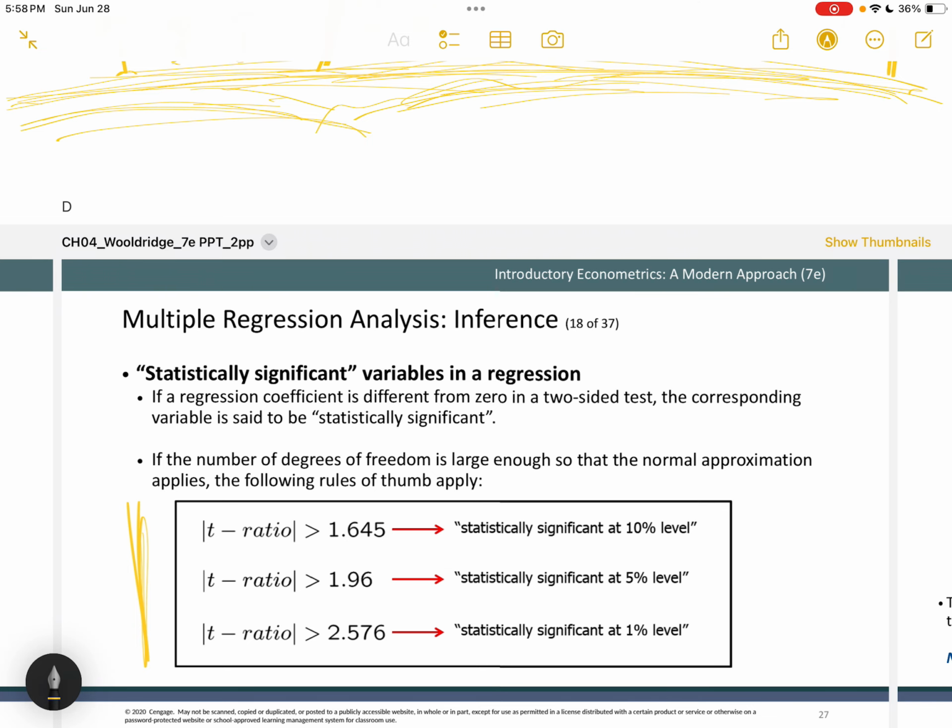So we compare the calculated test statistic to 1.645 for a significance level at 10%, 1.96 for a significance level at 5%, and 2.576 for the significance level at 1%.